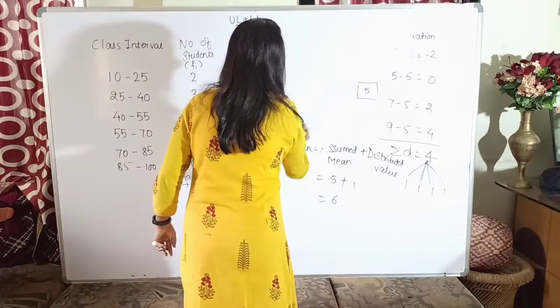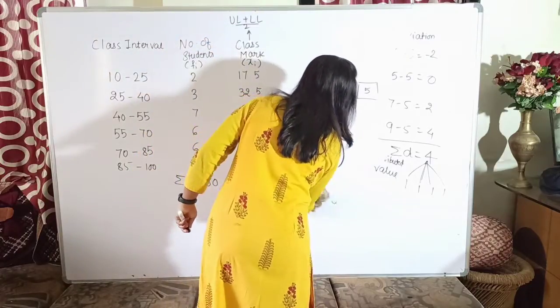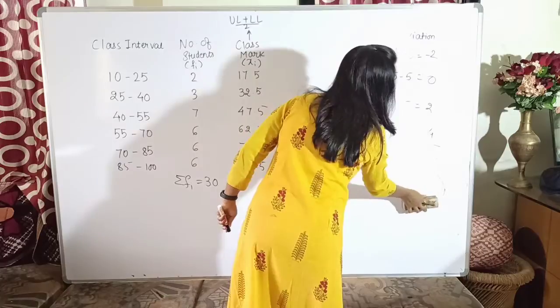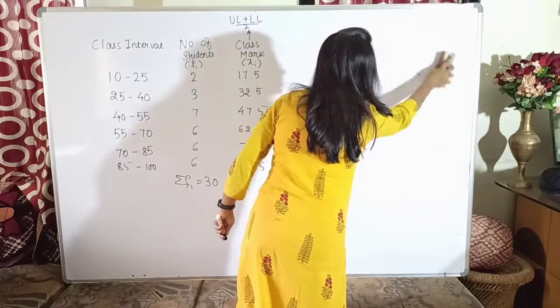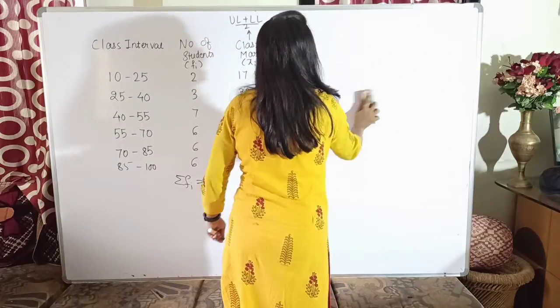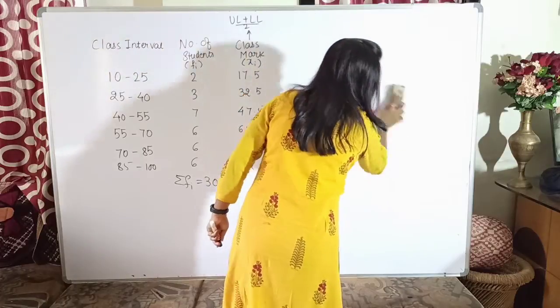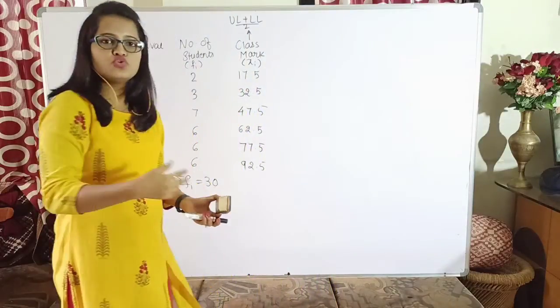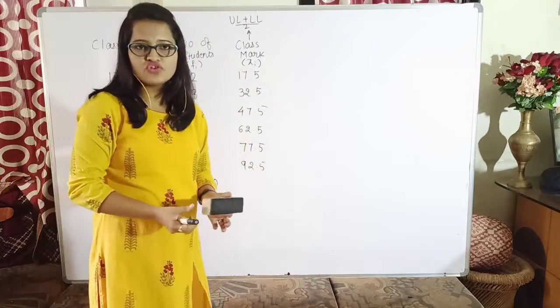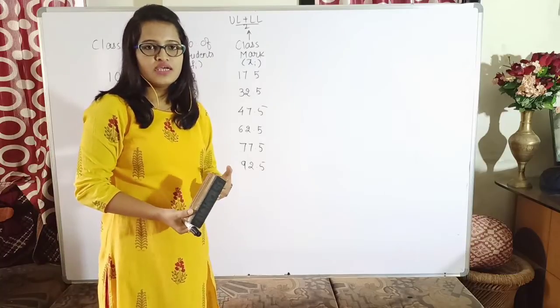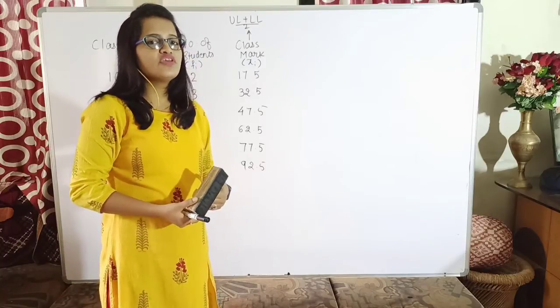Yes, so what we have done is found the class marks. Now, what should the assumed mean value be? Among the class marks you have to select. Even if two people assume two different values of mean, will that change the value of the average?